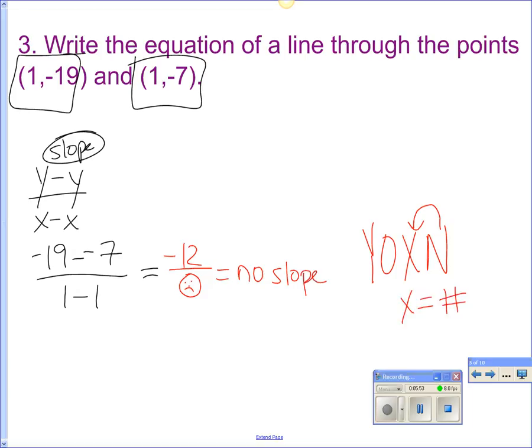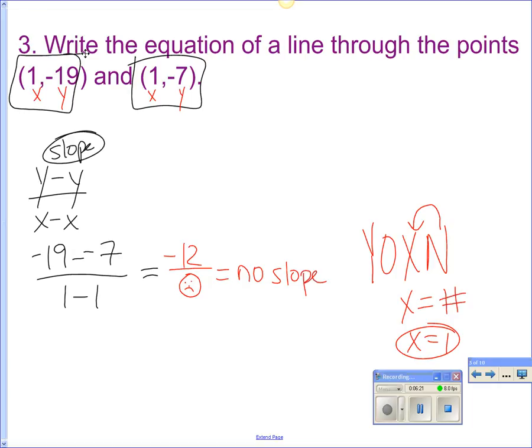Go back up here and label them. What is my x? 1. X is 1. Can't you really tell what the answer is before you do anything? Yes, but people end up getting it confused, so just be careful. I would still write this down on my paper to double check it. But yes, I know what you're asking.